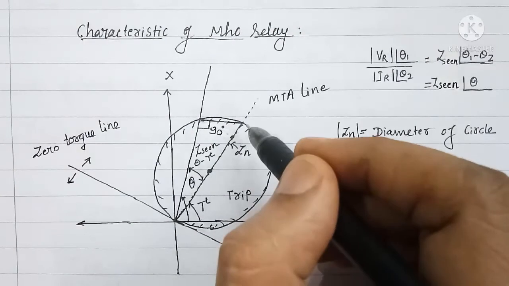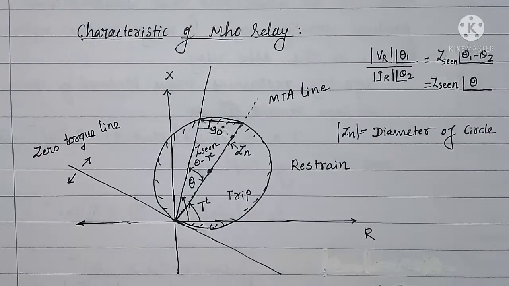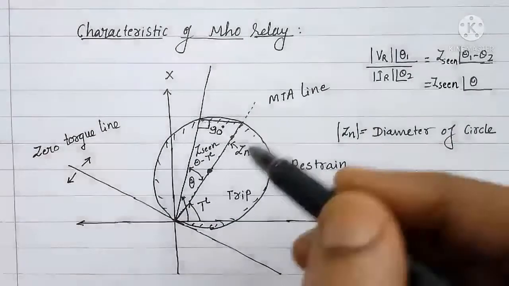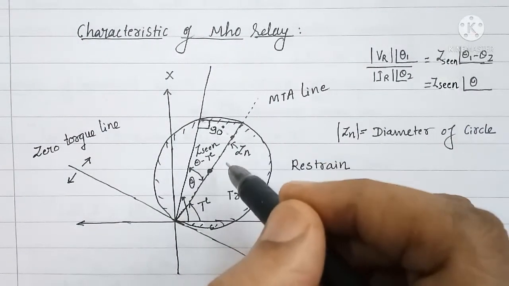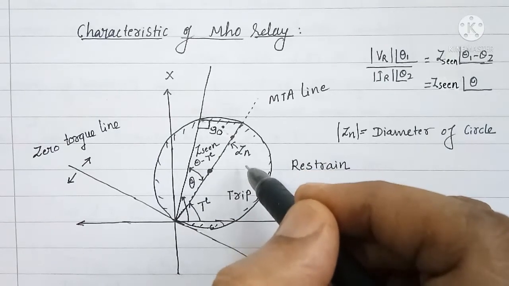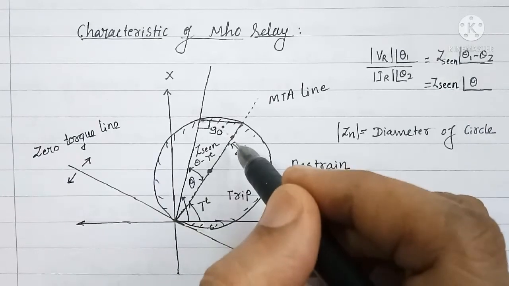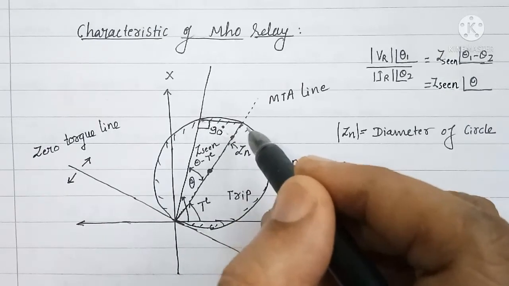Z set is measured along maximum torque angle line, and Z set here we have denoted by Zn, and is equal to the impedance of the line length that is to be protected.